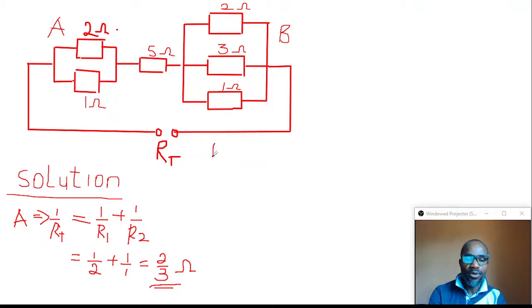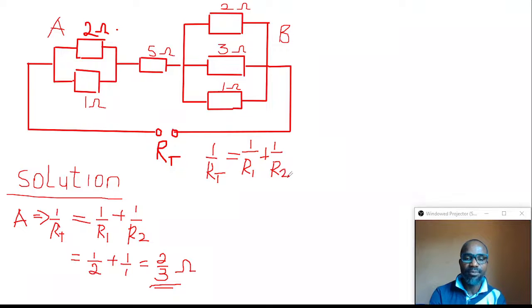So 1 all over RT, that's the total resistance we are looking for, is going to be 1 all over R1. Let's take notes. And then the next one is going to be plus 1 all over R2 for the second resistor in that arrangement.